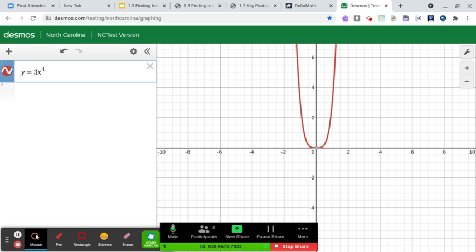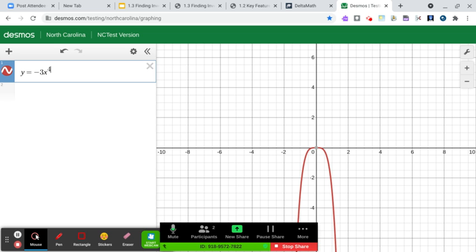Do you see how both ends are going up? Okay, positive leading coefficient, it's a positive 3. The degree is even. What about if I turned it to a negative? Do you see how both ends are going down?